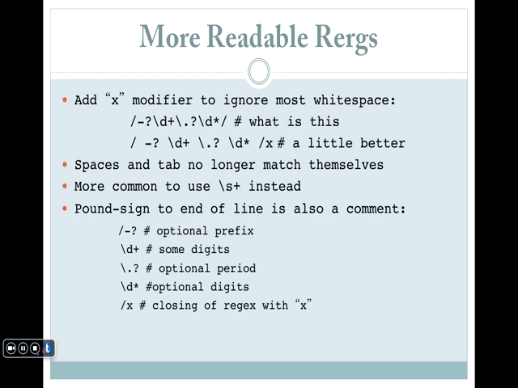In this case, if I separate my second line expression into a couple of lines, this is exactly the same as the second expression, where I was using tab and then slash, either or, the dash is included, then some digits, then an optional period, then optional digits, and then closing it with x. If I forget the x, all this expression will be matched, and the tab will have to be matched to get the right matches.